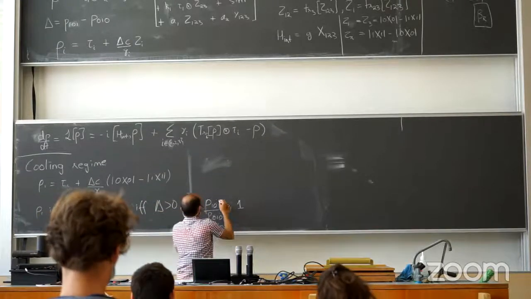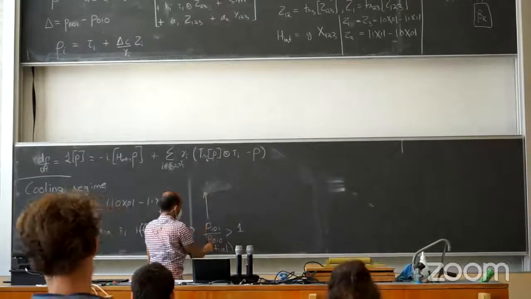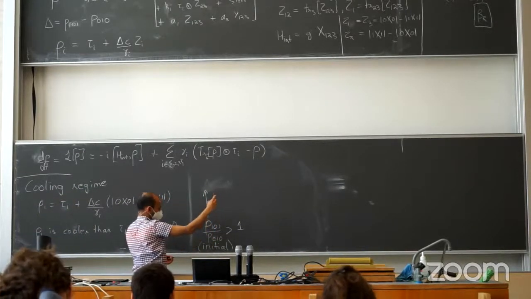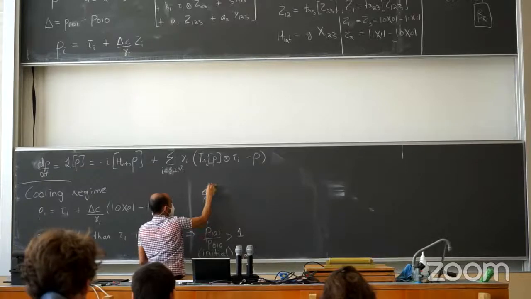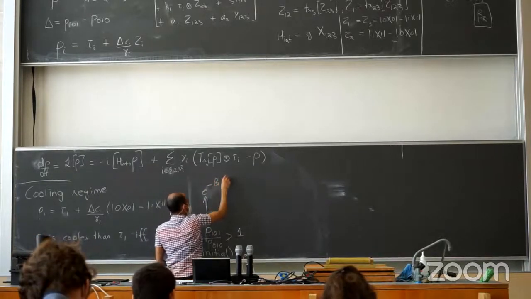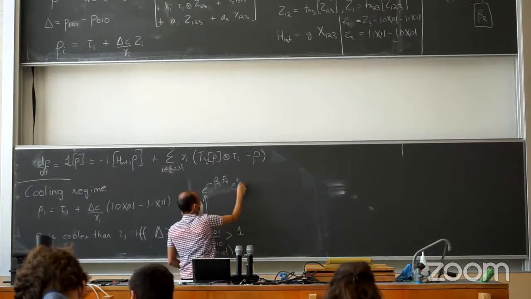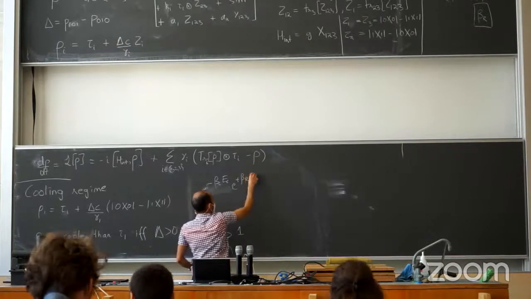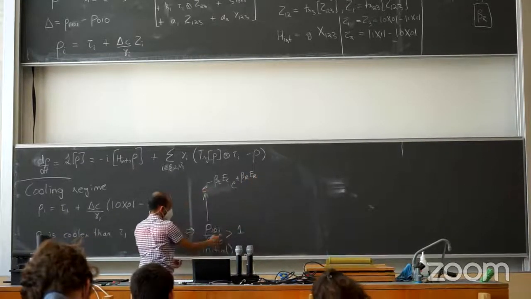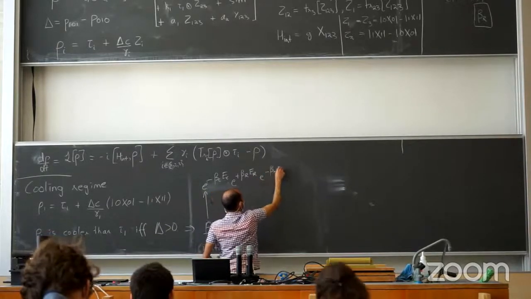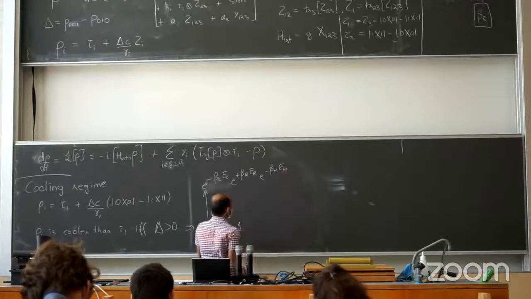P1 upon P0 for the cold one becomes e to the minus beta cold E cold. P0 upon P1 for the room is e to the plus beta room E room. And P1 upon P0 for the hot is e to the minus beta hot E hot. And this has to be greater than 1.